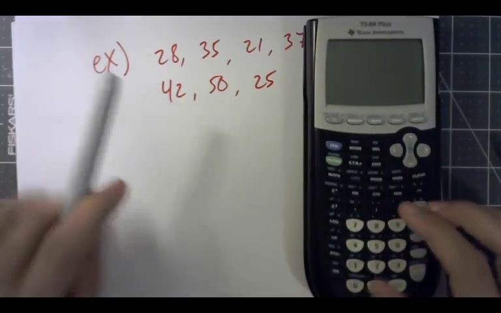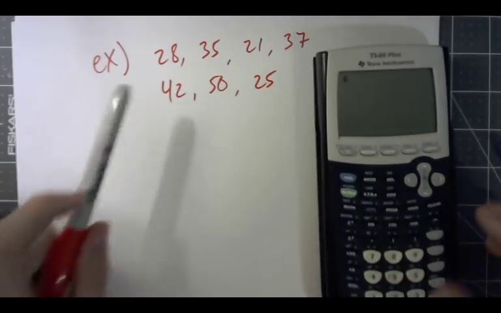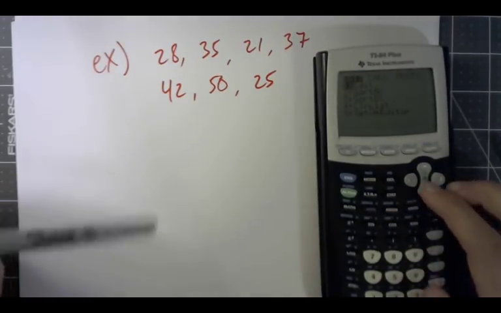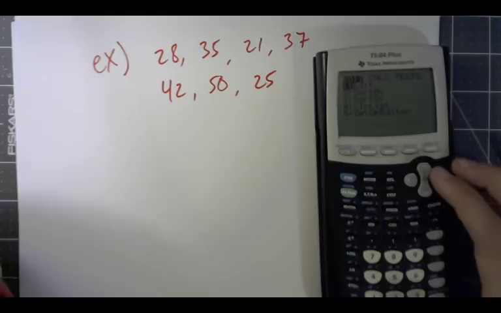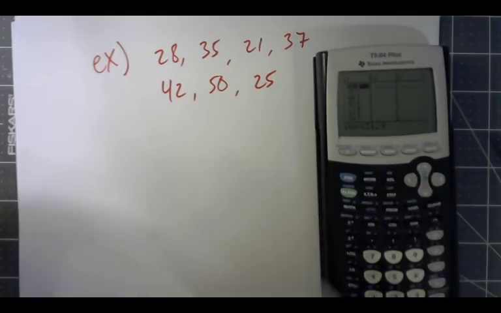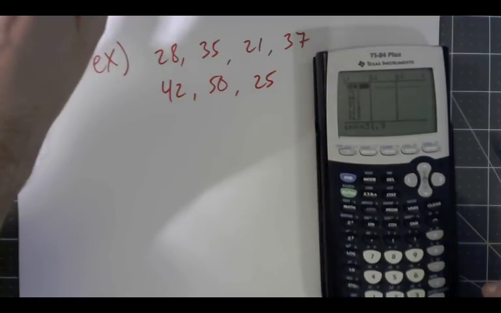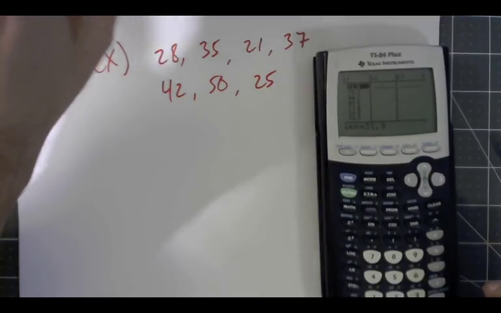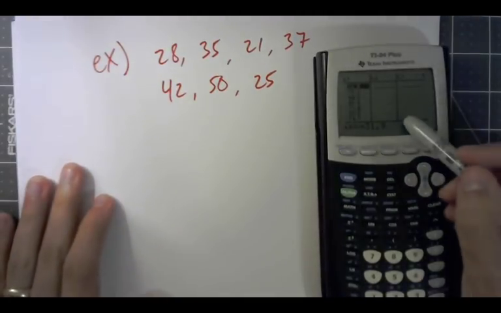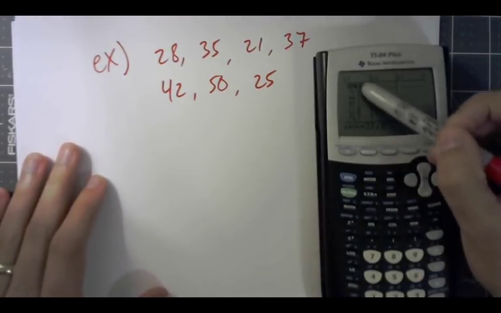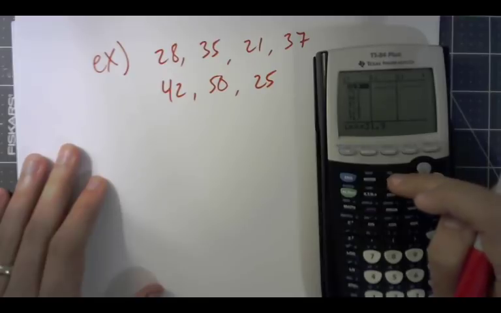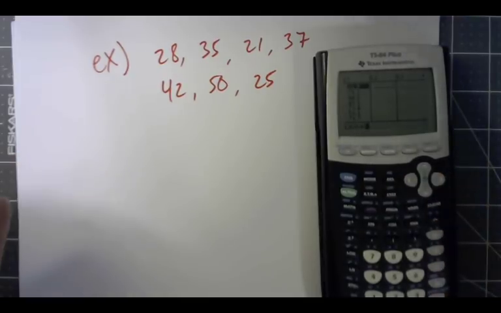In our calculator, we can put this data in under Stat, Edit, and then we have L1. We're going to put these numbers in our calculator. To get rid of the values in here, we just press delete. Don't press clear. Clear does nothing.